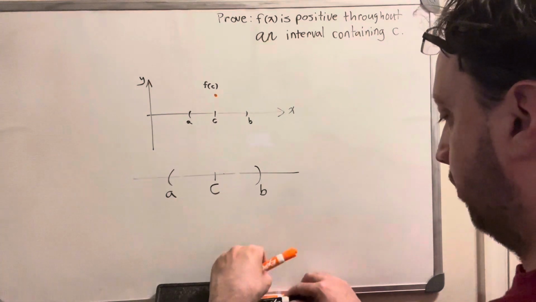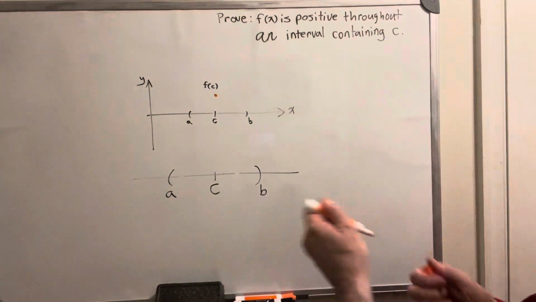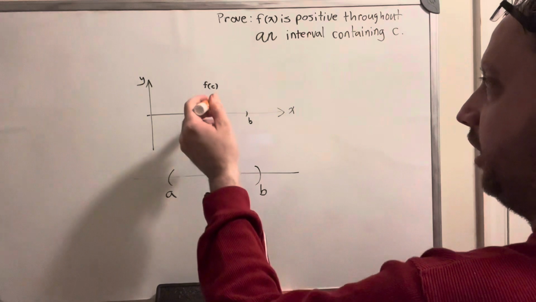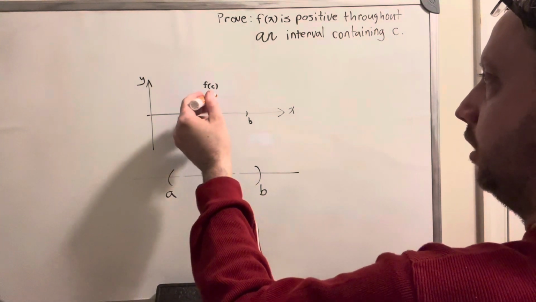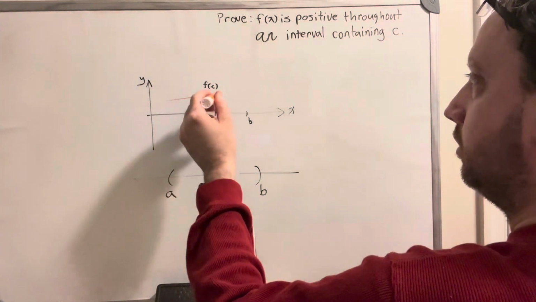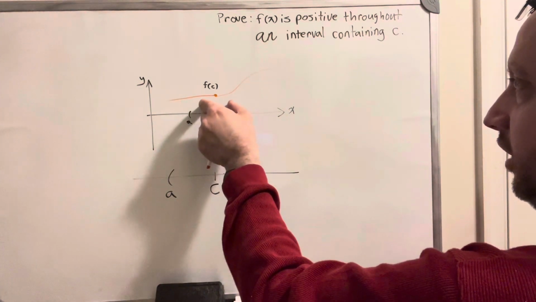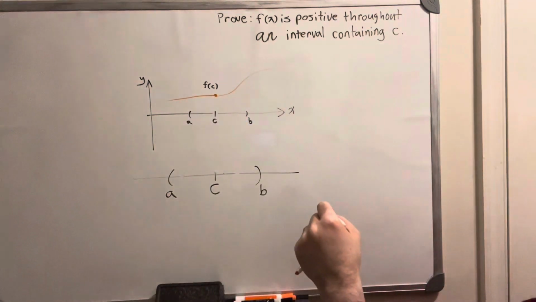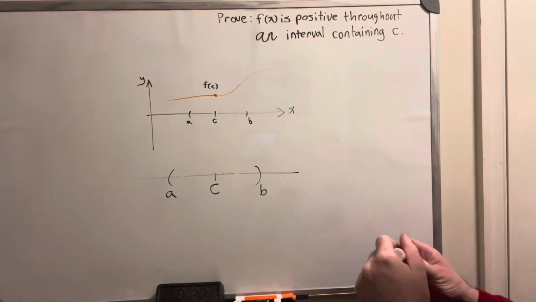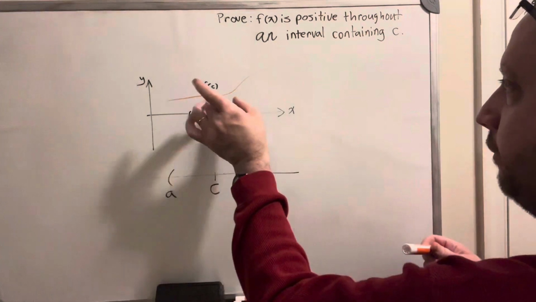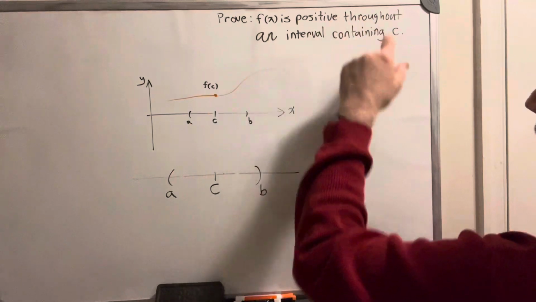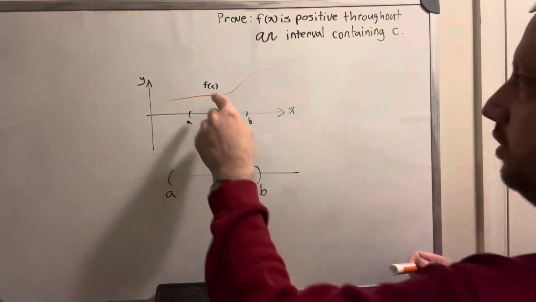There's an infinite number of possible functions, but let's just draw a few. If the function were always positive, then it would be true that for every interval, f of x is positive throughout.